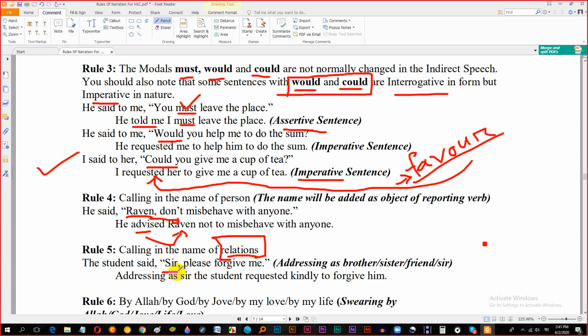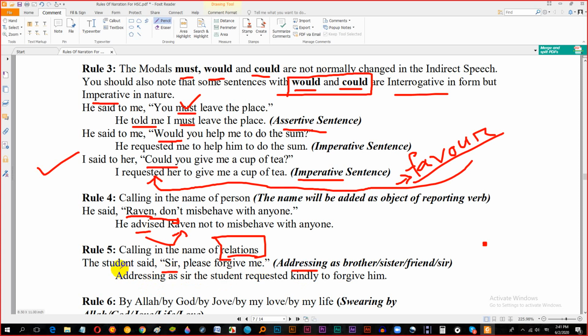using that relation, if someone mentions it, then we should use addressing. The student said, Sir, please forgive me. So addressing as sir, you could also use respectfully here. Or it could be: the boy said, brother, please forgive me.